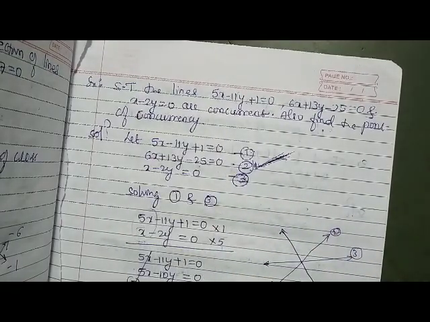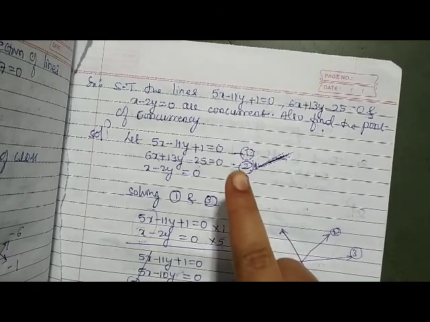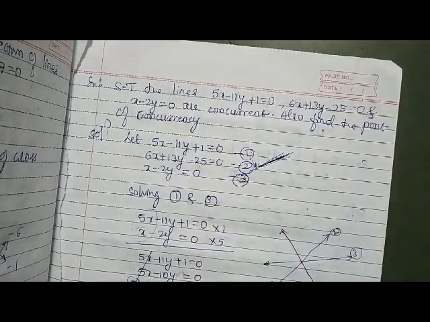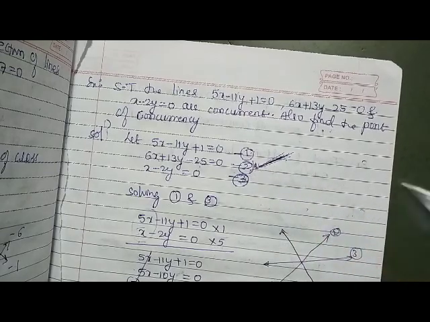To prove that lines are concurrent, we have three simple steps. What is step number 1? Step number 1 is to find the point of intersection of any two lines, by elimination method or cross multiplication method.